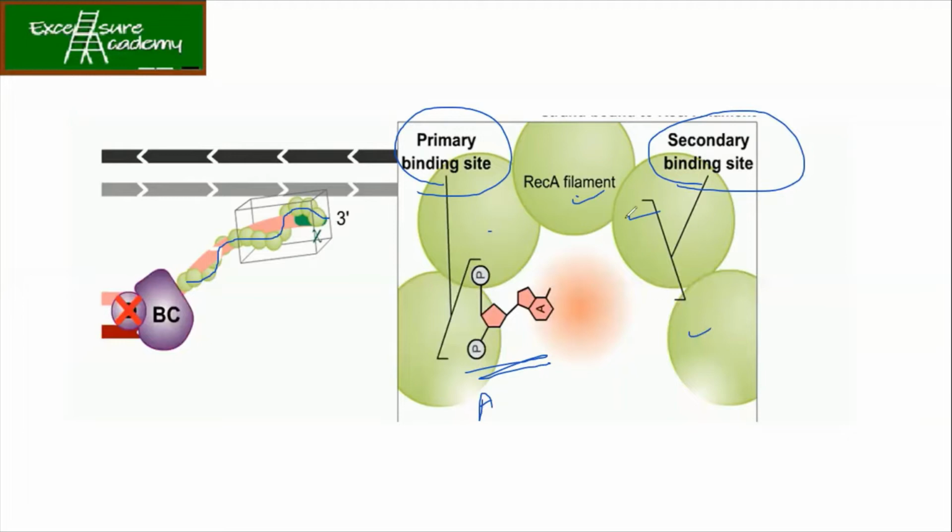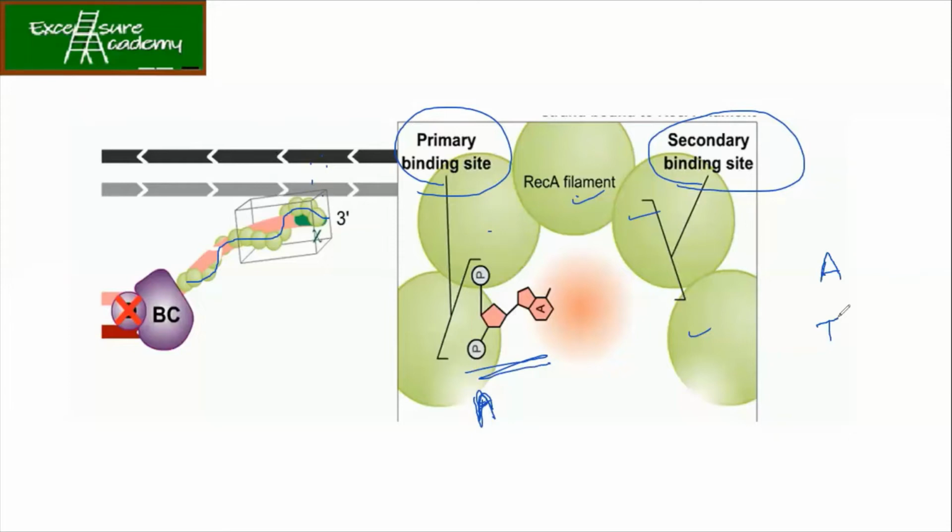So in this protein, in the primary binding site, it is having A. Now it is going to search. This Rec A filament is going to search in these two homologous sequences where you will have A-T base pairing.